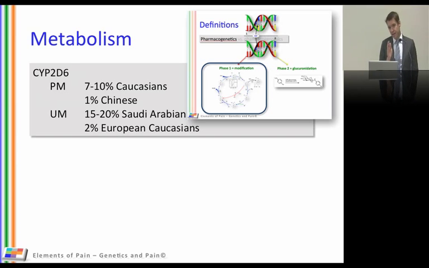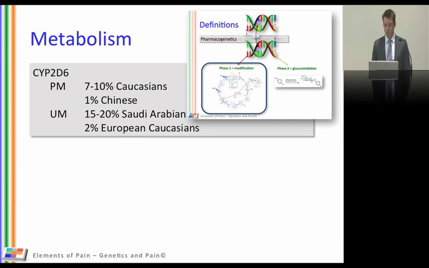If it's not there, if you have poor metabolizers, of which you have about 10% of Caucasians and only 1% of Chinese, they don't metabolize the drug. So if the drug itself is required to have an effect, that's good, you could have an effect. Whereas if the metabolism is required to activate the drug, and you have a poor metabolizer, you're not going to activate the drug, you're not going to have an effect of the drug.